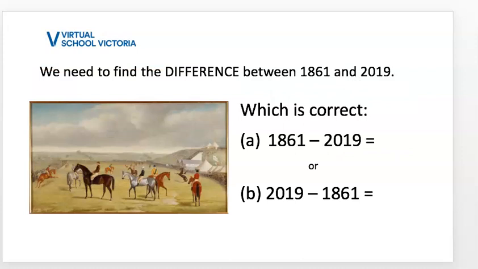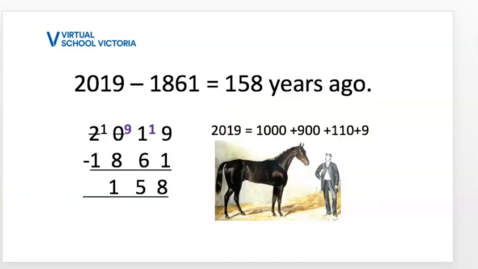To solve that problem, you need to find the difference. Which of these strategies would you use? You can subtract or you can count on to find the difference. If we use a subtraction algorithm, this is called a system or a process for solving the subtraction.